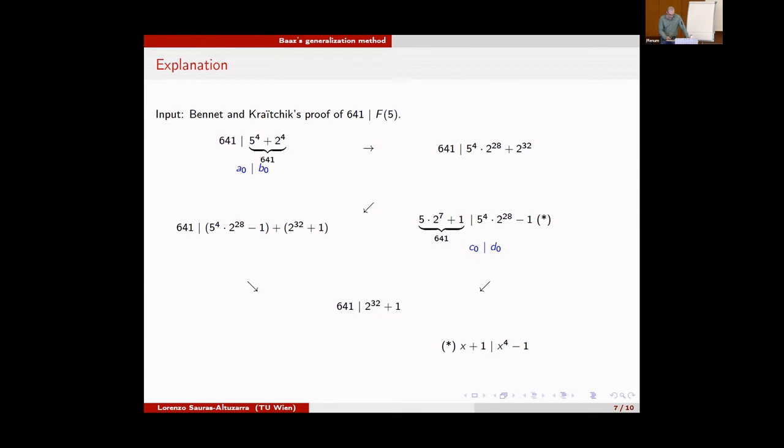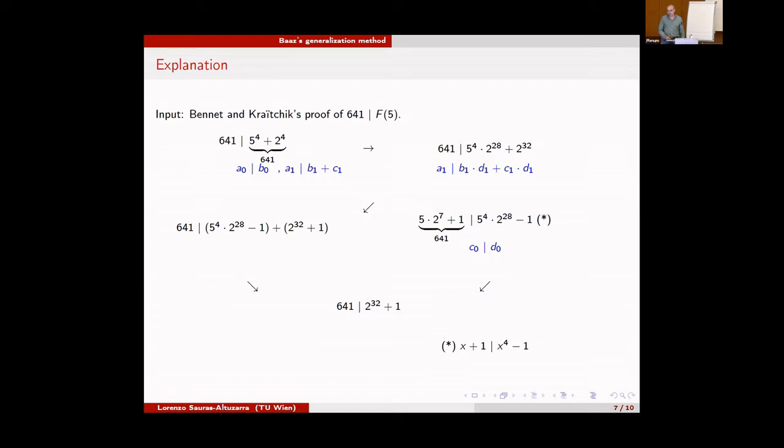Then the second step is that for every implication, replace every constant by a variable without repeating them. And here, apart from the relations, you also need to keep the operations that are necessary to justify the step. So for example, in this case, we performed a multiplication on the right side.